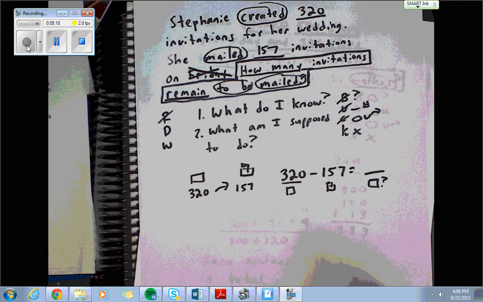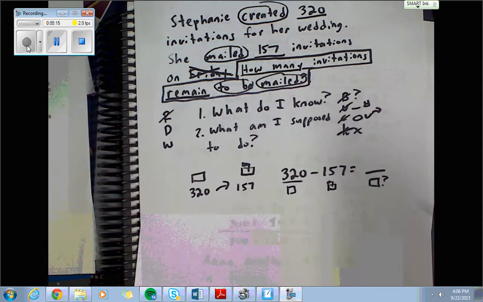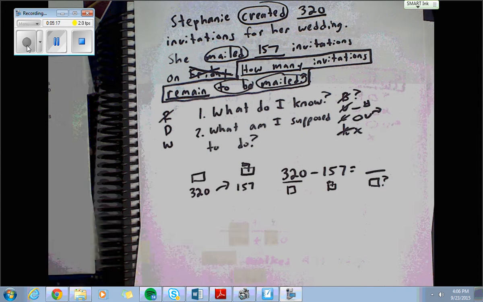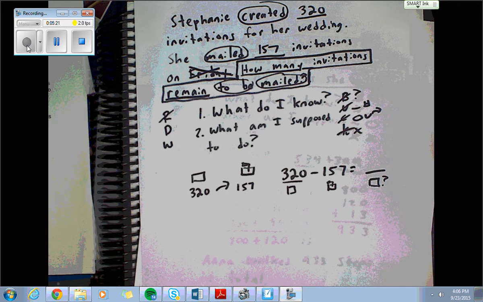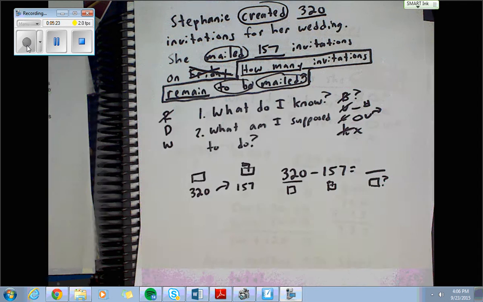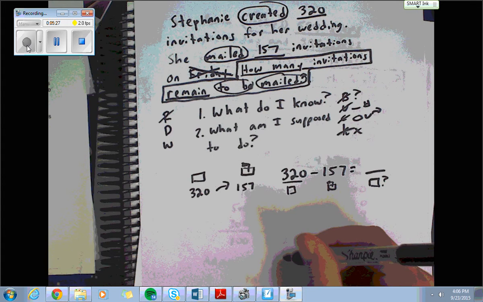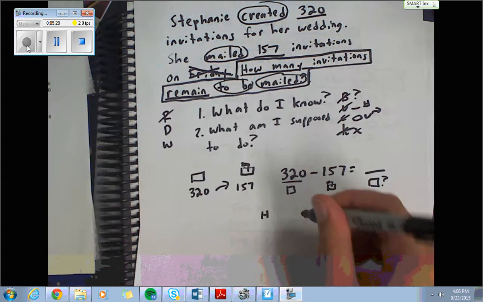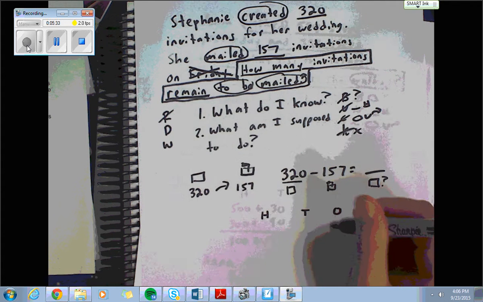Now that I've read my problem and broken it down, I'm going to move on to the draw a model part of the process. Since I'm doing subtraction, I have a couple of options here. I can do a picture model, or I can do a place value model. Today, let's do a place value model. For that, I'm going to take my two values, my minuend and my subtrahend, and break them apart.